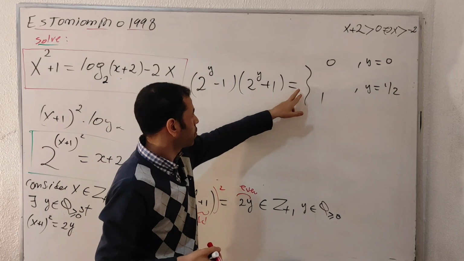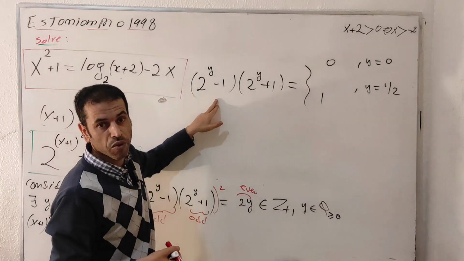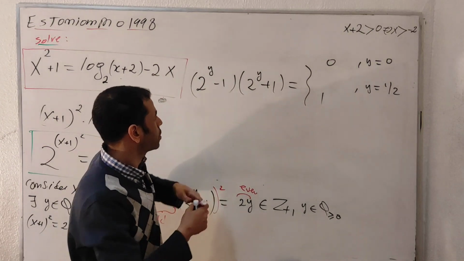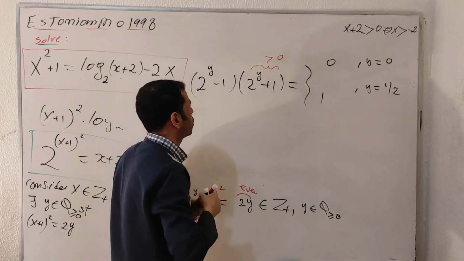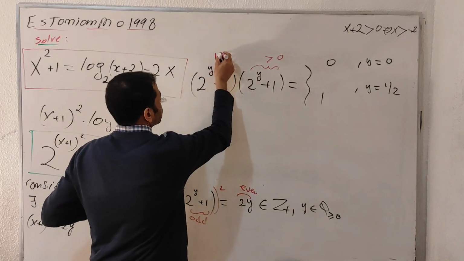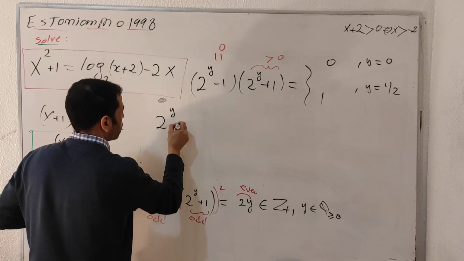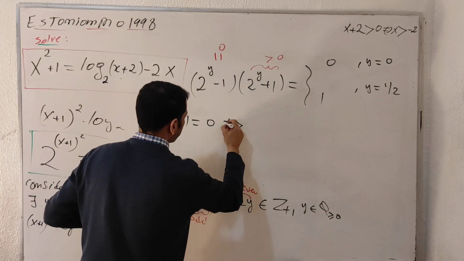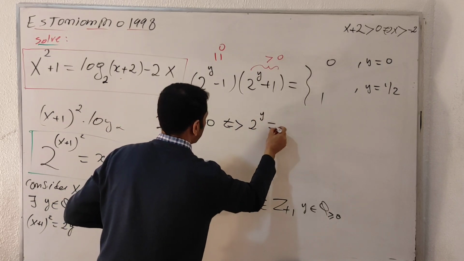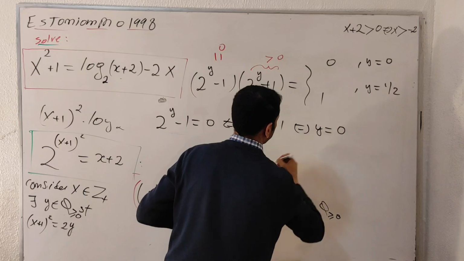Since the right hand side of this equation equals 0, the left hand side equals 0 as well. But this term is strictly greater than 0, so this term equals 0, which means 2 to the y minus 1 equals 0, equivalent to 2 to the y equals 1, equivalent to y equals 0.